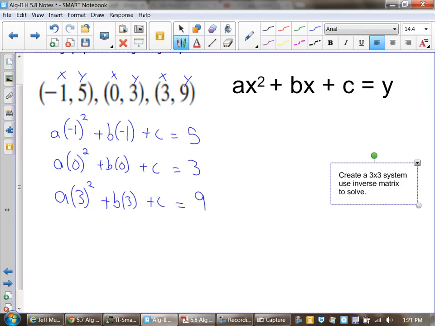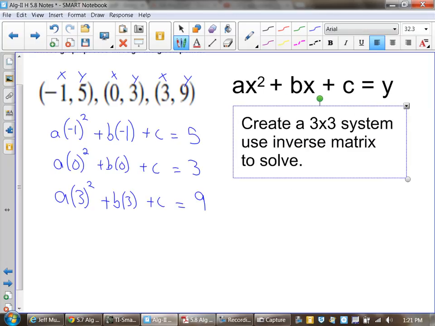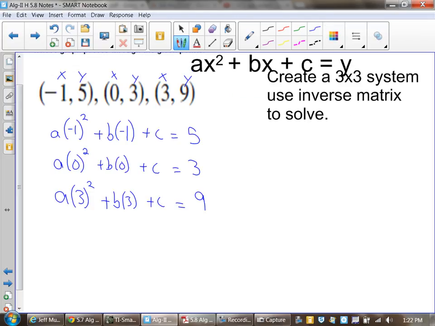And what you're doing is creating a 3 by 3 system and using an inverse matrix. Now, you don't do that by hand, ladies and gentlemen. As we start to write these out, I want you to see how this is simplified.